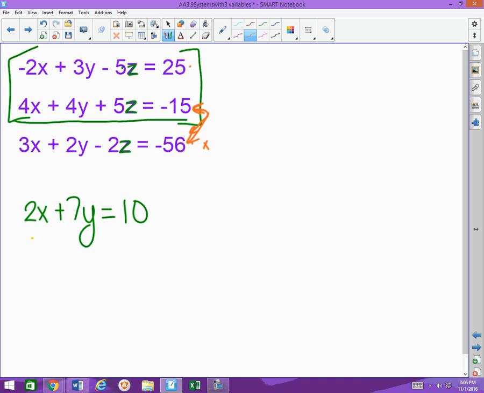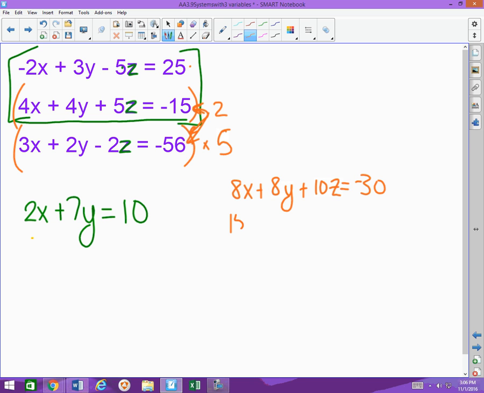Multiply this one by 5 and that one by 2. So we would have 8x plus 8y plus 10z equals negative 30.